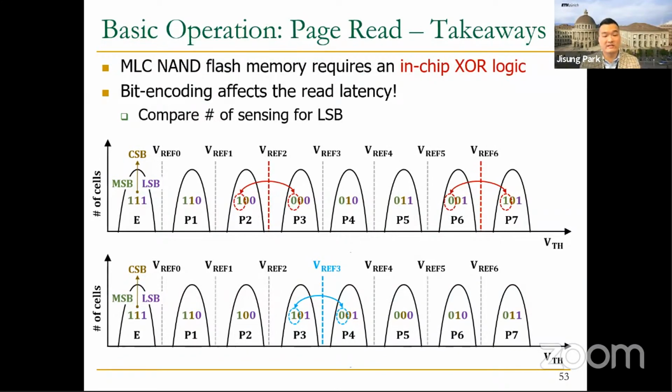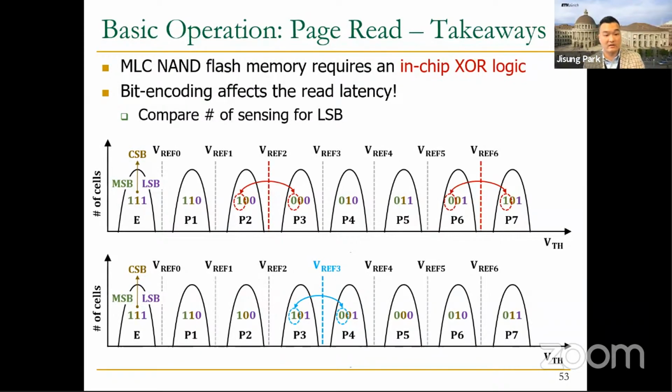My point is that sometimes for a specific application or use case, for example, an application which needs significantly higher reliability and lower latency compared to other applications, we can exploit this performance and reliability asymmetry, right?